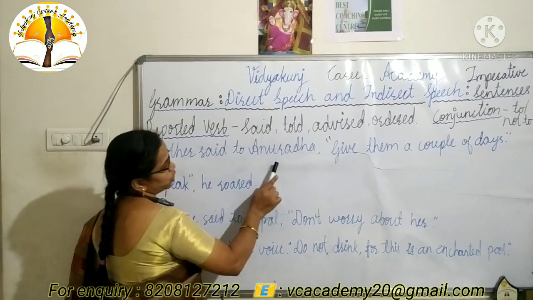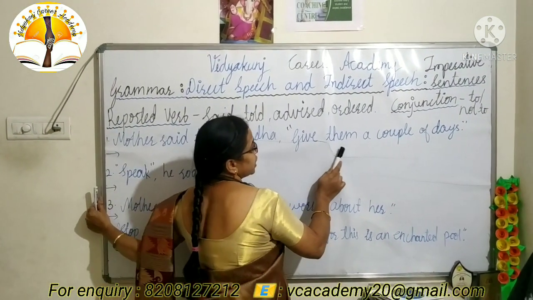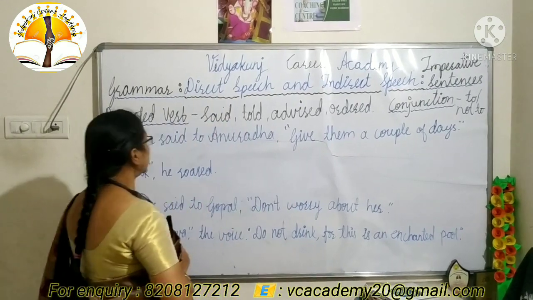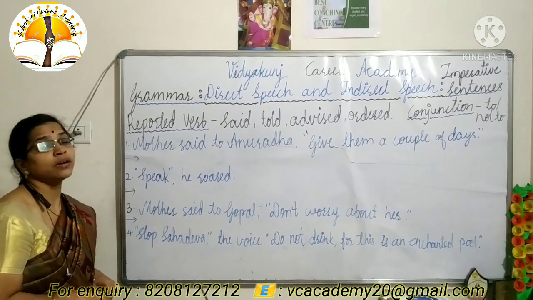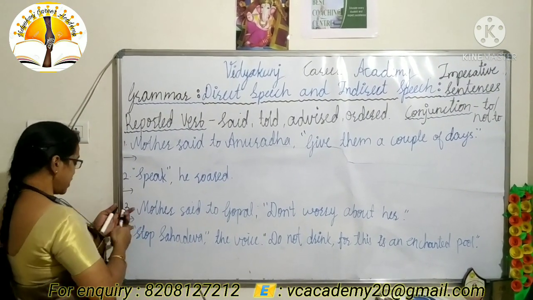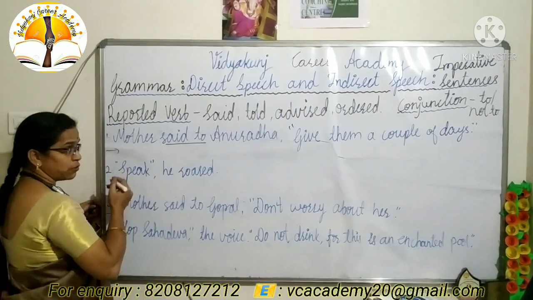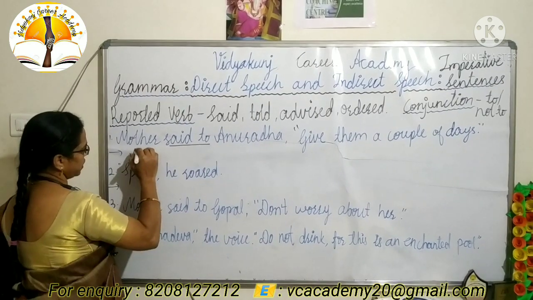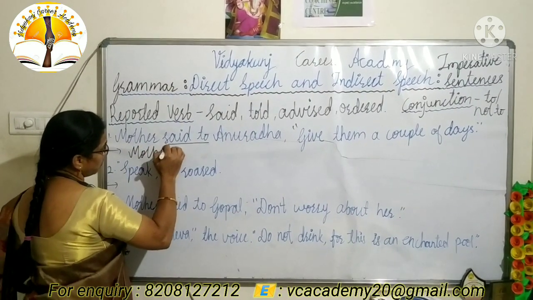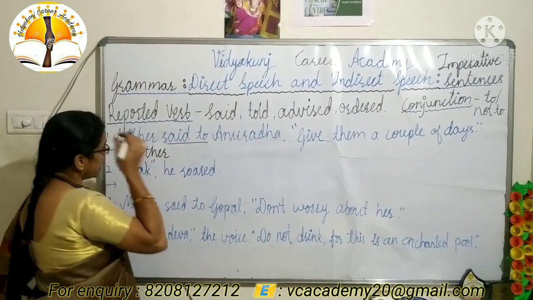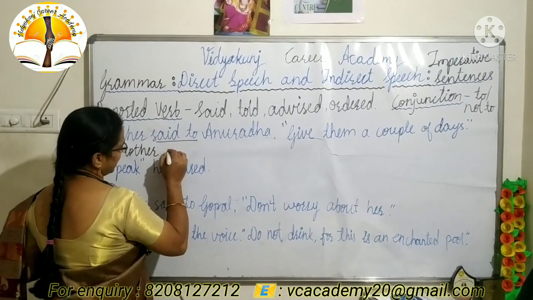Mother said to Anuradha, give them a couple of days. Now look here. Said to, I have to write said only. As per the sentence you have to decide. Understand the meaning of the sentence, then decide, and the intention also. Here mother said to Anuradha, give them a couple of days.